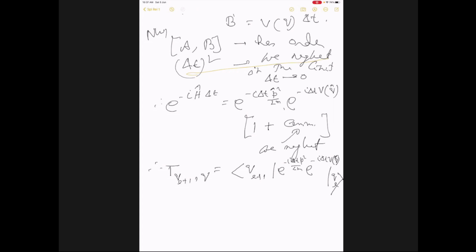So now what I do, I introduce a complete set of momentum basis.